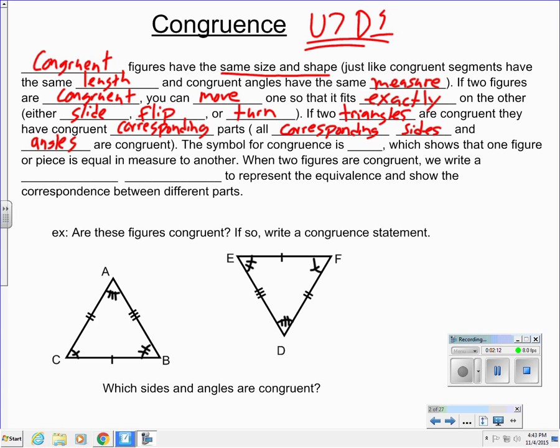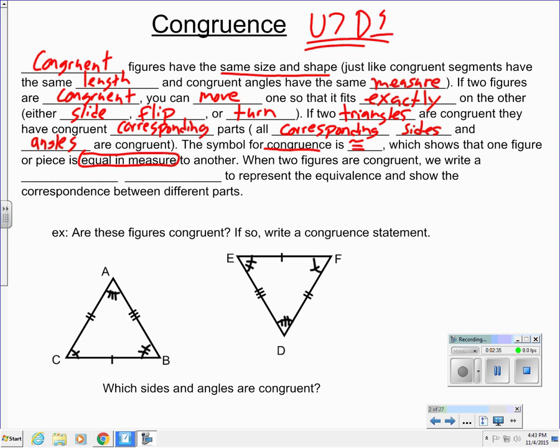The symbol we have for congruence is this equal sign with the squiggle over top. Right, remember what congruence means is equal in measure. So when we have that symbol in between the names of two figures, that means the two shapes are equal in measure. All their corresponding pieces are the same.